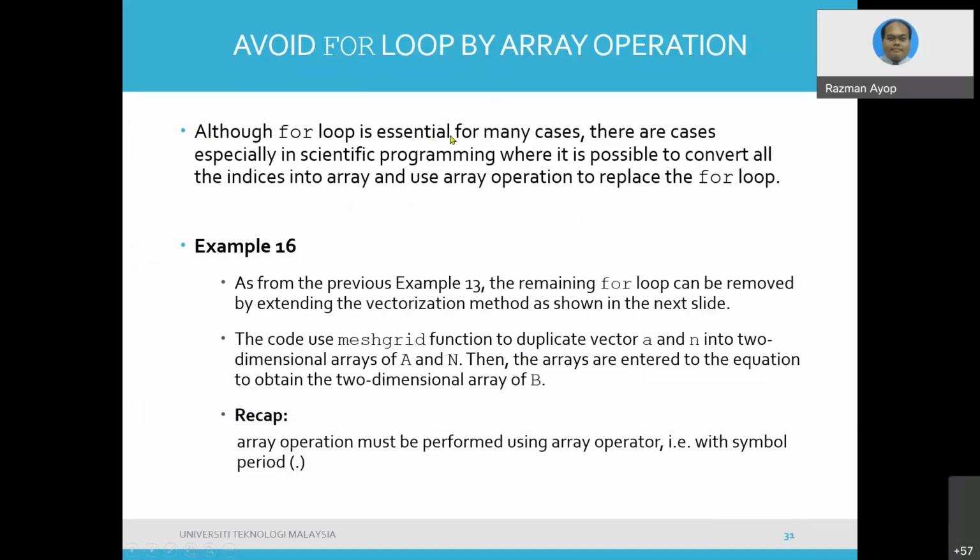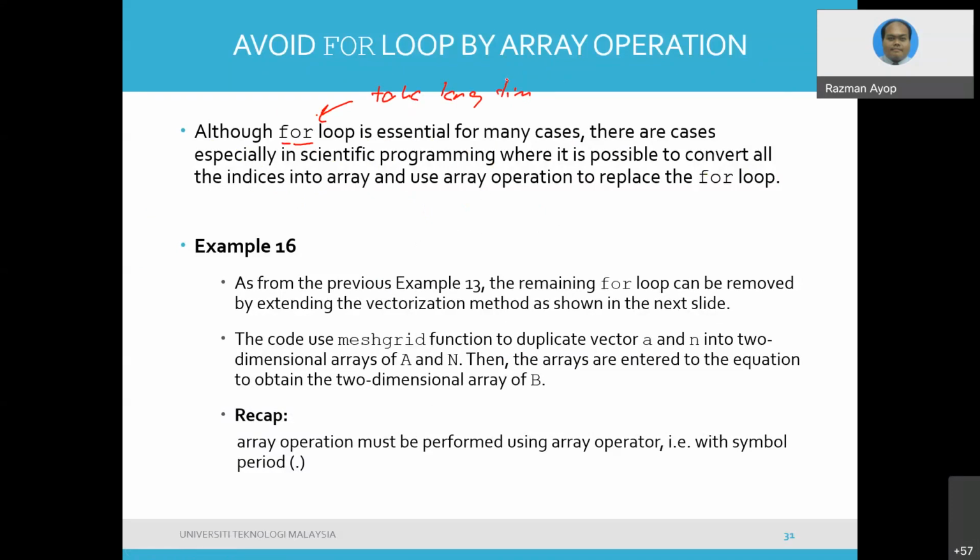So although for loop is essential in many cases, there are case-special scientific programming where it is possible to convert all indices into array. Okay, so as I mentioned before, for and while loop is computer burden, take a long time.